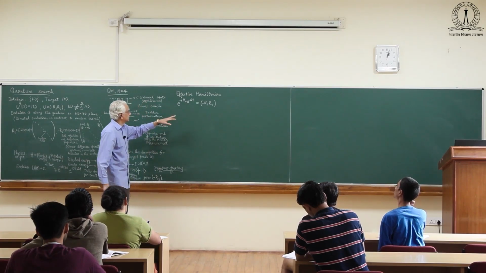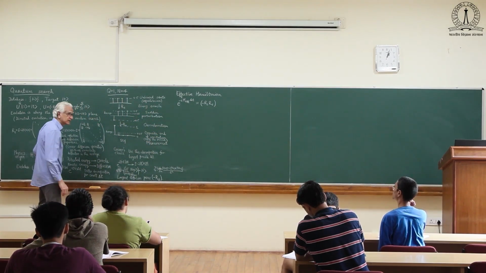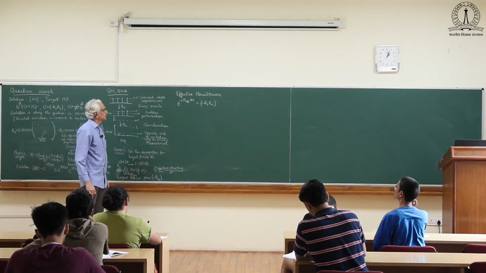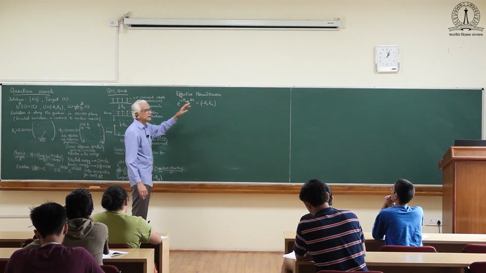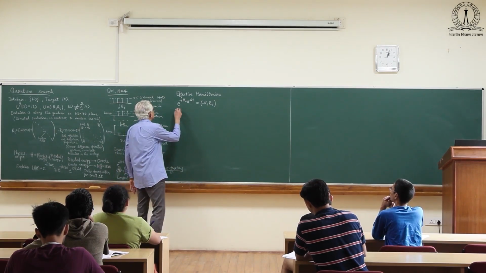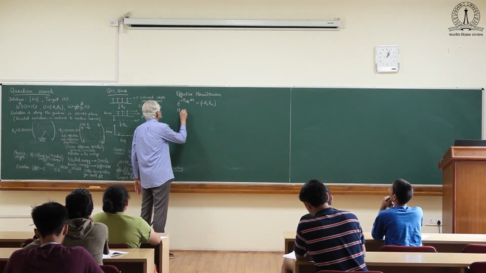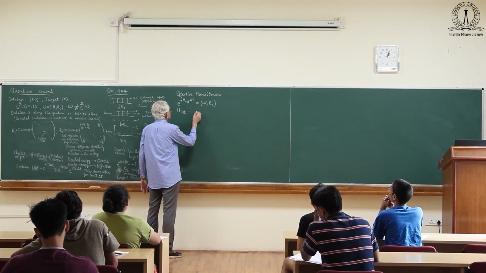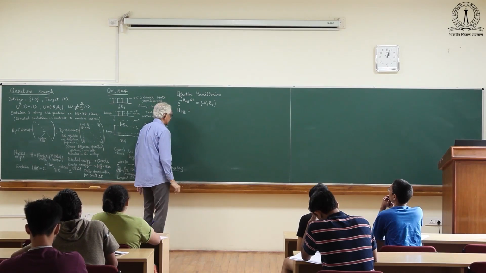If delta t was really small, then you would end up with this expression, but delta t is not small. So you can now invert this expression and ask the question, what is this value? And all you have to do is take a log.